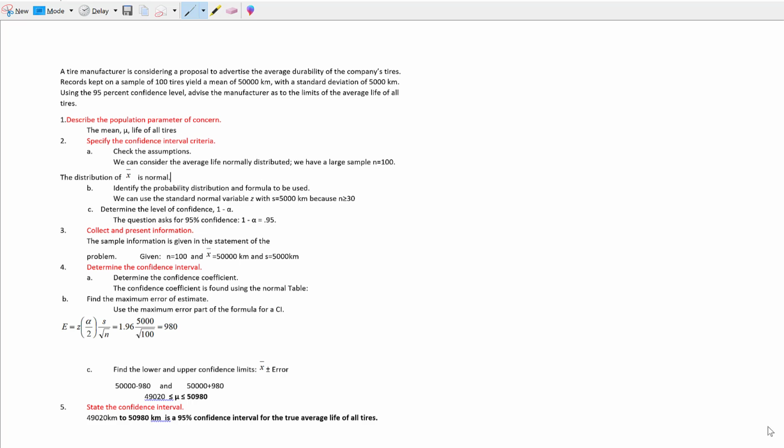Step 4 is to determine the confidence interval. In order to calculate the confidence coefficient, we use the normal table and the normal curve. We are looking to build a 95% confidence level.